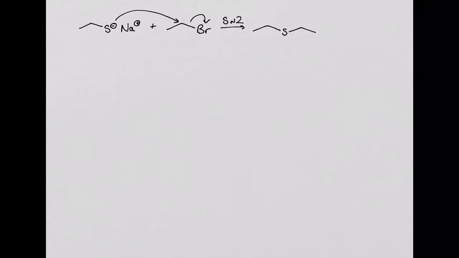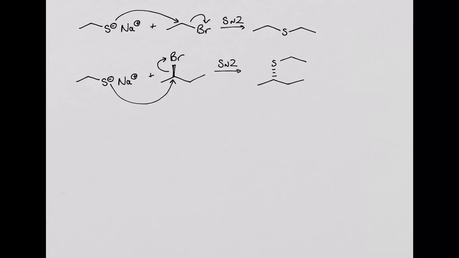For example, if we take the same thiolate and react it with a secondary alkyl bromide, such as this one, we will see primarily the SN2 product, the thioether. Because this follows an SN2 mechanism, we will see inversion at the chiral carbon center.